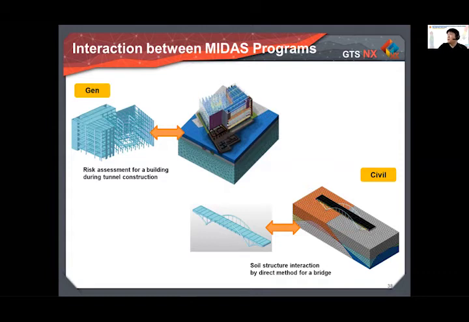Generally, in geotechnical software, you can simply apply the pressure load or point load to simulate the structure building. But in that case, you cannot check the deformation behavior of the structure during the excavation. So this is the only way to check the deformation or behavior of the structure buildings during the tunnel excavation in the geotechnical software, including the real building structure modeling.